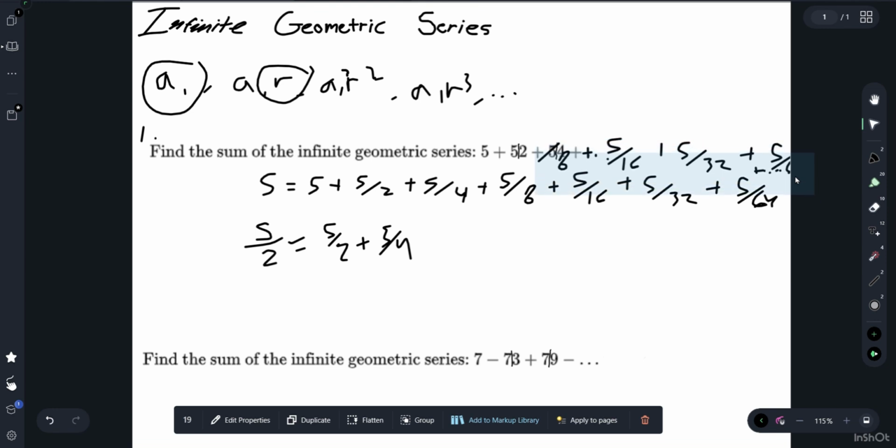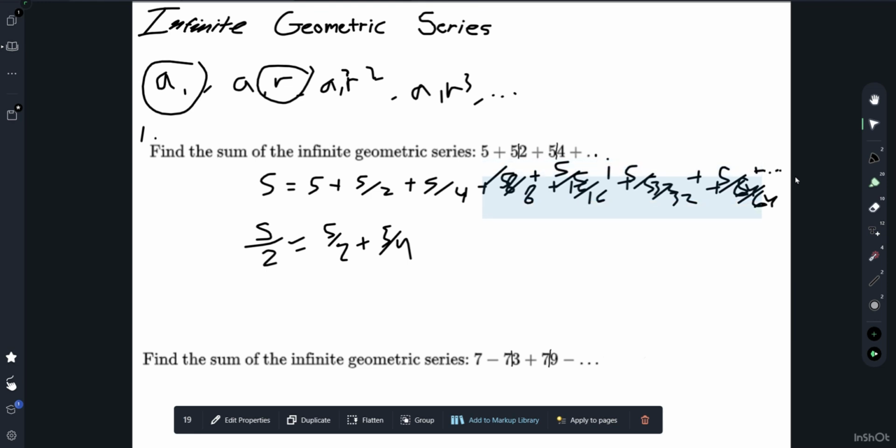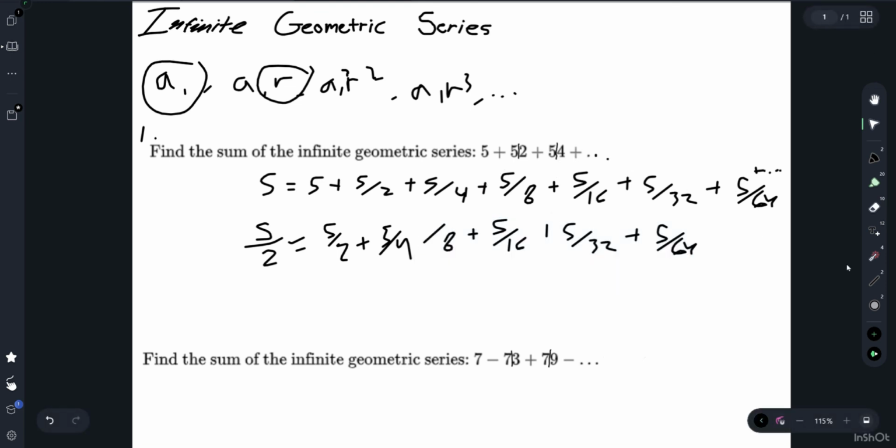So what we're trying to do is remove some of the infinite terms going on forever, just to make this a lot easier for ourselves. Then plus 5 over 8, and also on forever.